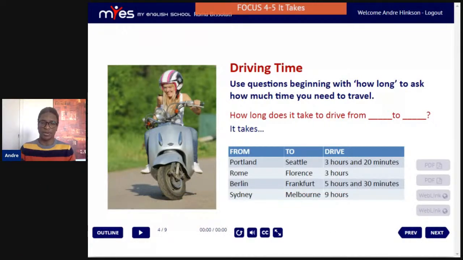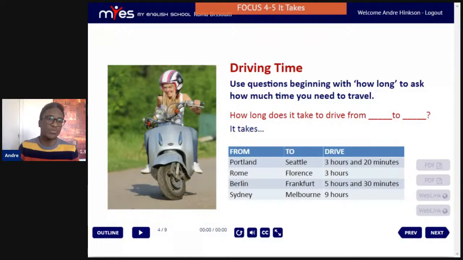So always remember the structure. How long does it take to drive? Or how long does it take to walk? How long does it take to fly? Then we use from that city to another city. Yeah, always remember that.